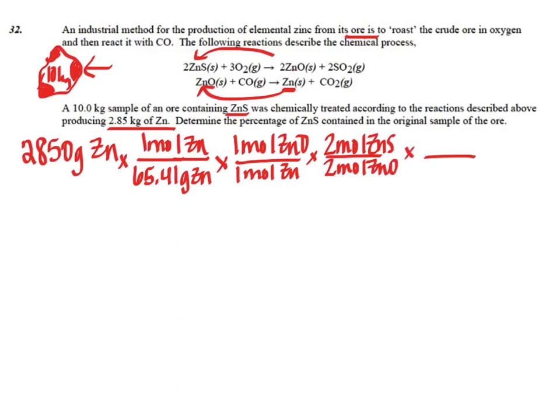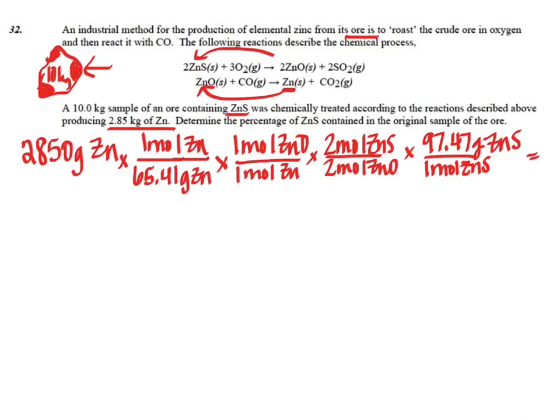And now we can take our moles of zinc sulfide to get to the amount of zinc sulfide that was originally there. So for every 1 mole of zinc sulfide, we go to the periodic table and get the molar mass of zinc sulfide. And I got 97.47 grams. And now we solve.